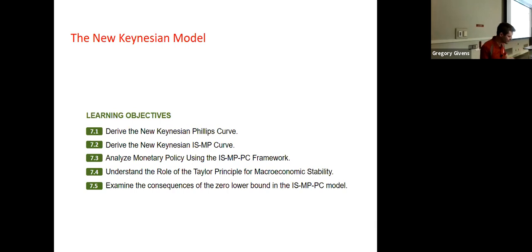Now, a central bank like the Fed can try to compromise between these competing objectives by trying to implement policies that minimize a loss function. Remember, we spent some time talking about how we can mimic central bank preferences by deriving a quadratic loss function that summarizes the overall cost to society or to the economy when inflation is not equal to target inflation and output is not equal to potential, right?